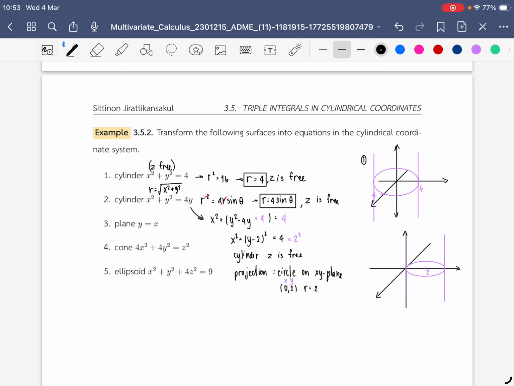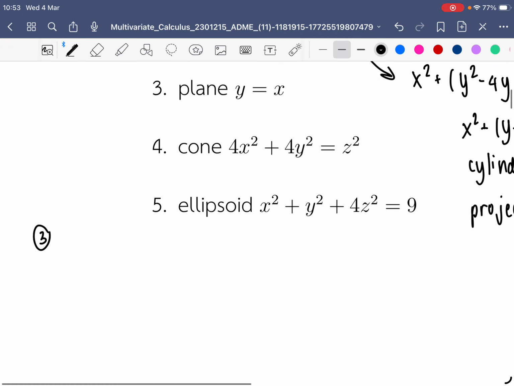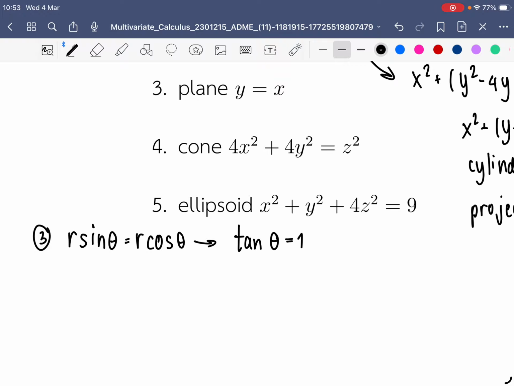For number 3, y equals x, this is just r cos theta is r sine theta. Sorry, sine equals cos, it's correct, but I don't want to flip the side right away. So you get tan theta is 1, right? You move cos theta to be a denominator, you get sine over cos, which is tan.